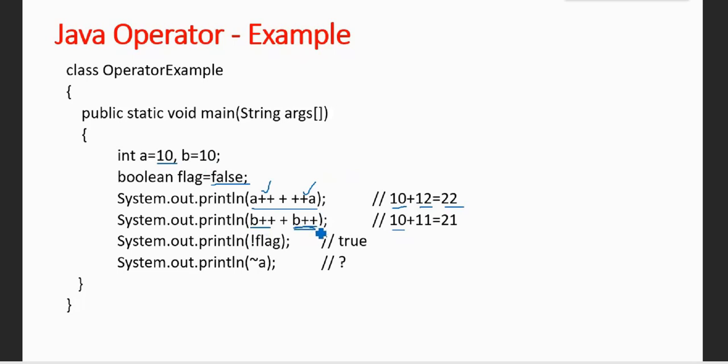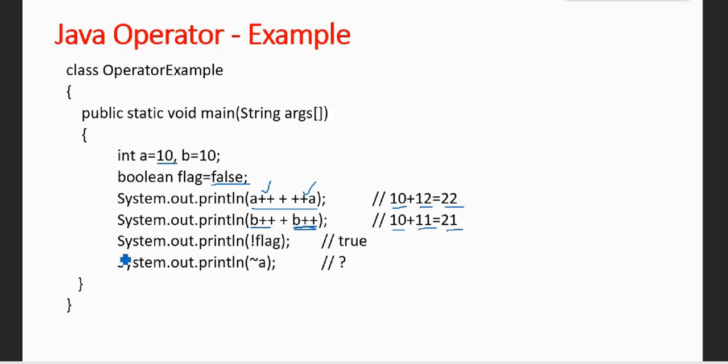This part is again post-increment, which means only take the value of b. So the value of b is taken as 11, then b is increased from 11 to 12. So when you print b after this statement, you will get 12. Now it adds 10 plus 11, equal to 21. The result will be printed as 21.